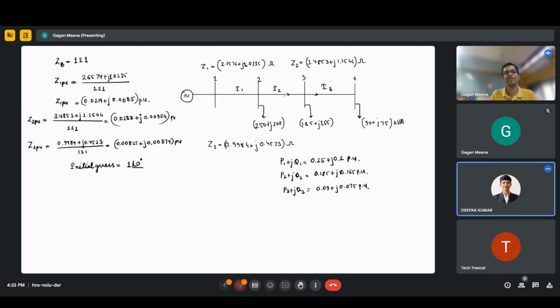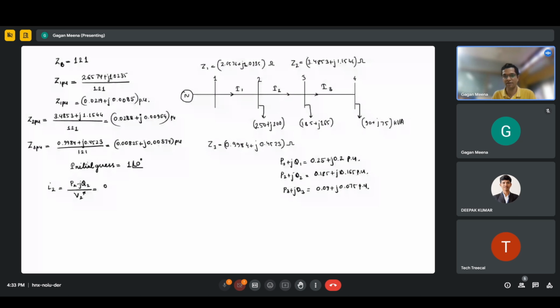Load current we will calculate first. Load current is P2 minus jQ2 divided by V2 conjugate. The angle is 0, so it is simply P2 minus jQ2.